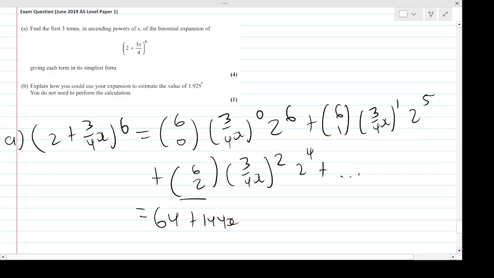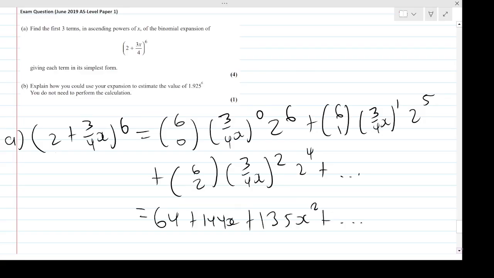Then this last term here, 6 choose 2 is 15, times 3 over 4 squared is 9 over 16, times 2 to the 4, I get 135x squared. Cool. So those are the first 3 terms then.